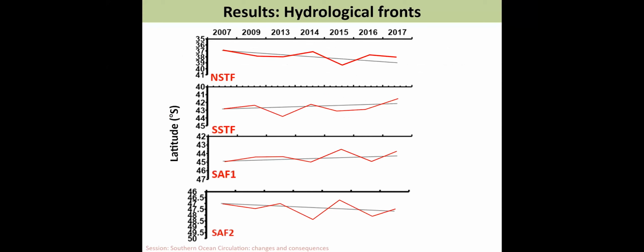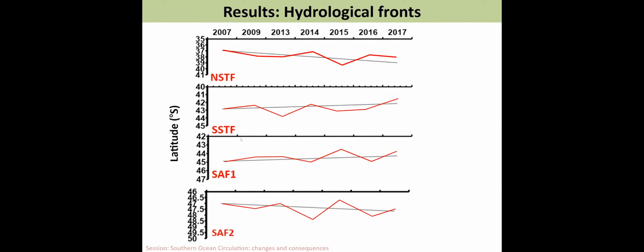Coming to the results, we have the hydrological distribution of fronts, the temporal distribution from 2007 to 2017. What we observe is that the north subtropical front, the northern branch of the subtropical front, spans between 36 and about 39 degrees during 2015 particularly. Over the period of 7 years, this front is meandering southward.